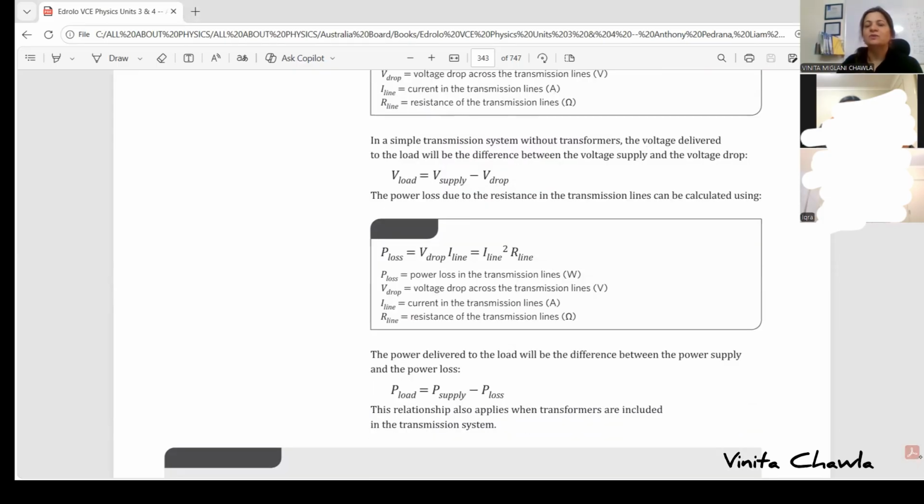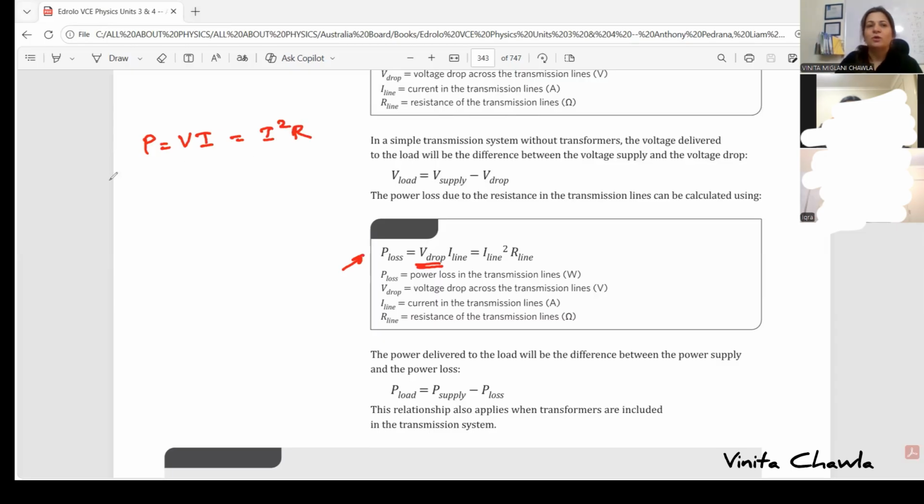Now, power loss. Because of this voltage drop, we get power loss. Power loss occurs because of the voltage drop across the transmission lines, right? And how do we write the formula for power? It is just the product of voltage and current, or we can write I squared R for power.